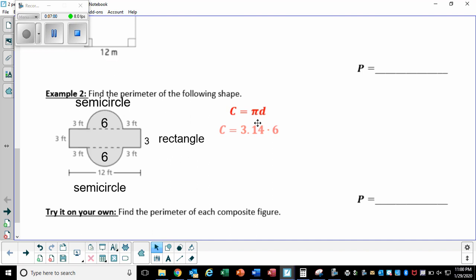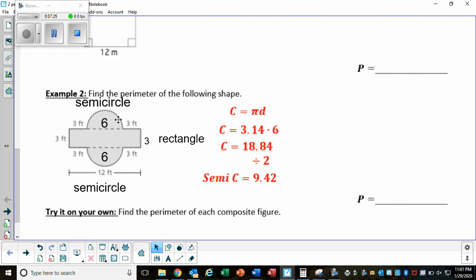So I go ahead and plug that stuff in. 3.14 times 6, so the circumference is 18.84. And that's for a full circle. We don't need a full circle, we need a semicircle. So what we do is divide that by 2. The semicircle circumference is 9.42.